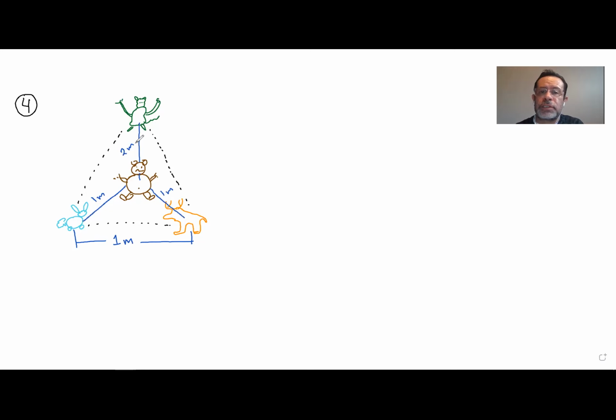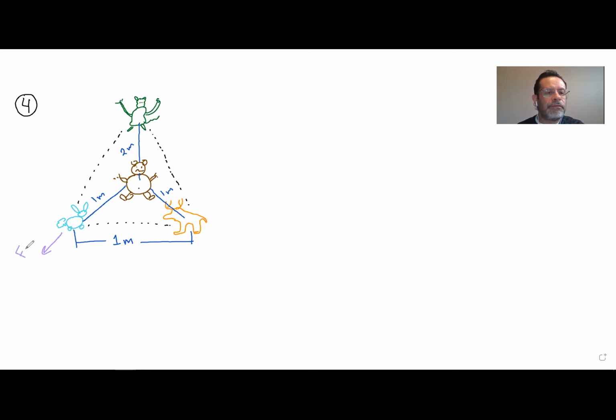And we've got some forces that are interacting here. And so I'm going to use purple. The bunny is exerting a 1 Newton force.